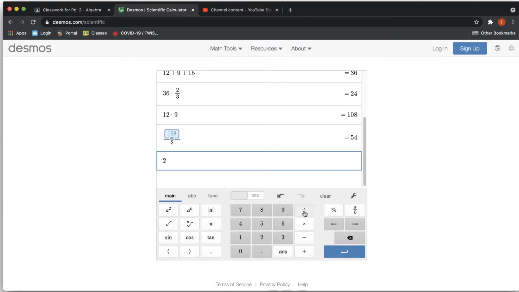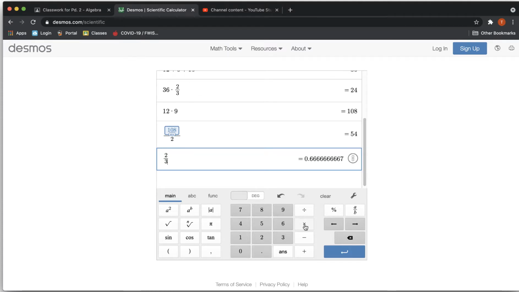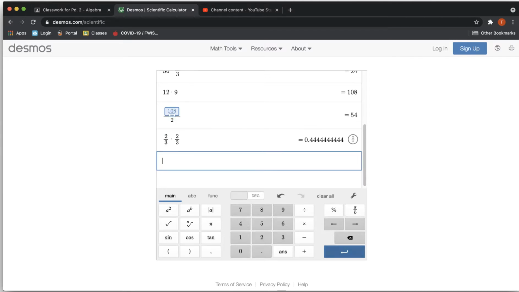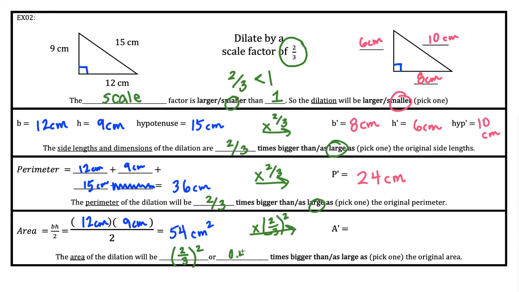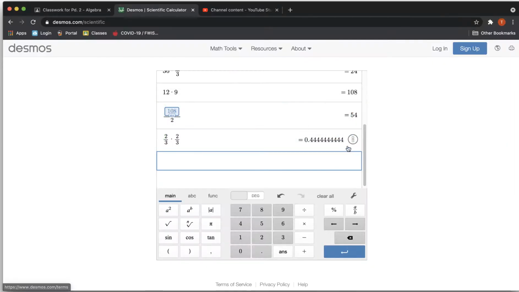So 2/3 times 2/3 is 0.44444, 0.44 repeating. Also, if you prefer for this to be in fraction, you can just say 2/3 times 2/3, right?